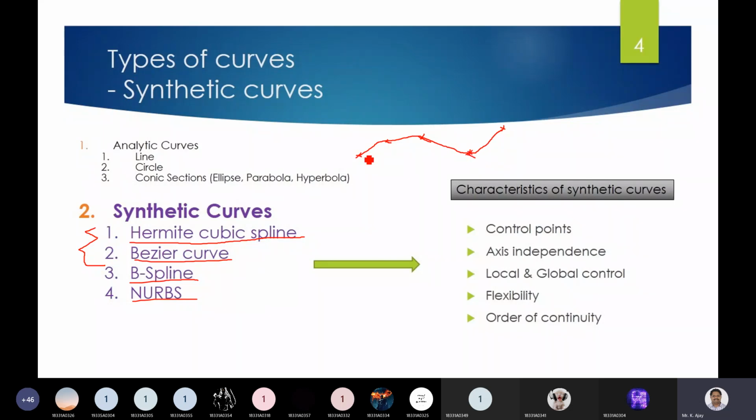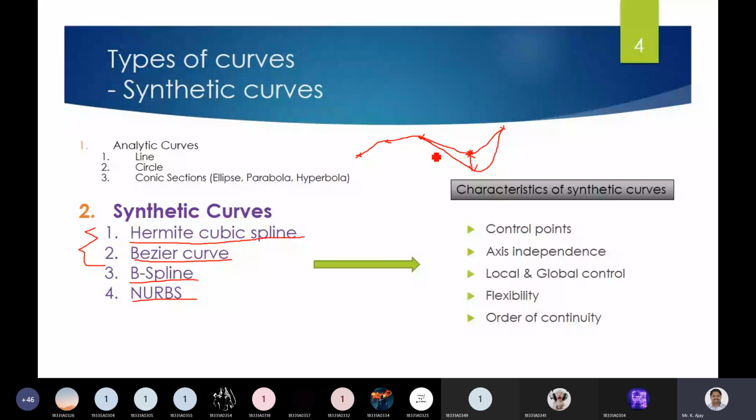Because these points only control the shape of the curve, and the entire curve is a single object. By dragging each and every control point, the corresponding shape of the curve can also be altered. That is how you probably learned how a spline would look like.